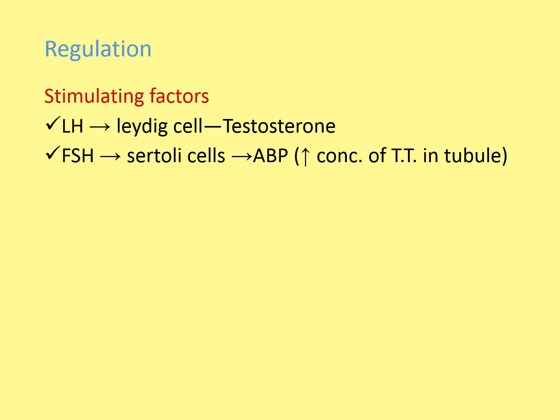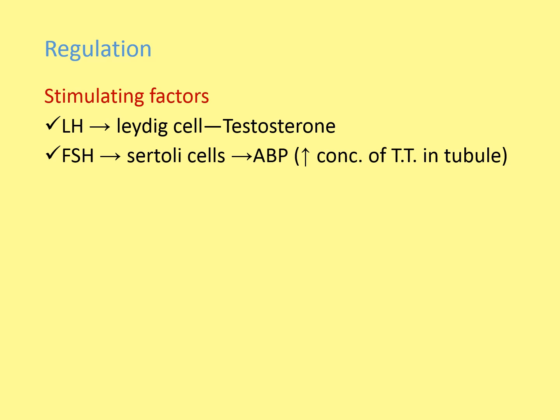So testosterone, after secretion from the Leydig cell, diffuses in the seminiferous tubule and binds with the androgen binding protein, and thus the concentration of testosterone in the seminiferous tubule is increased, which helps in the maturation and overall process of the spermatozoa.